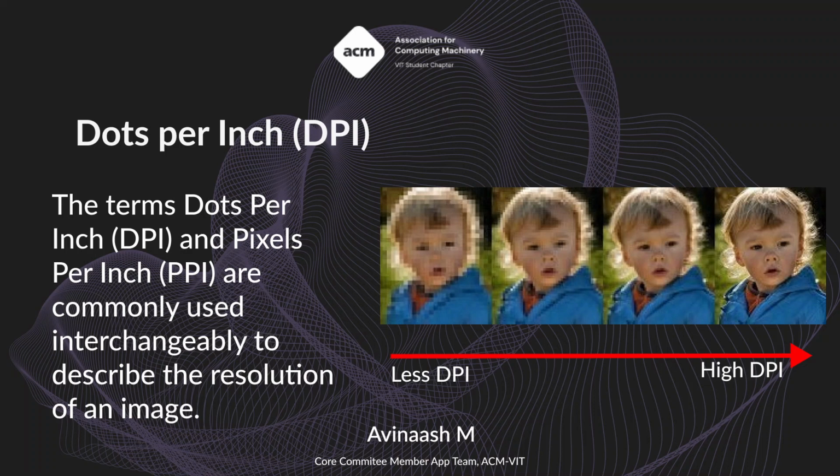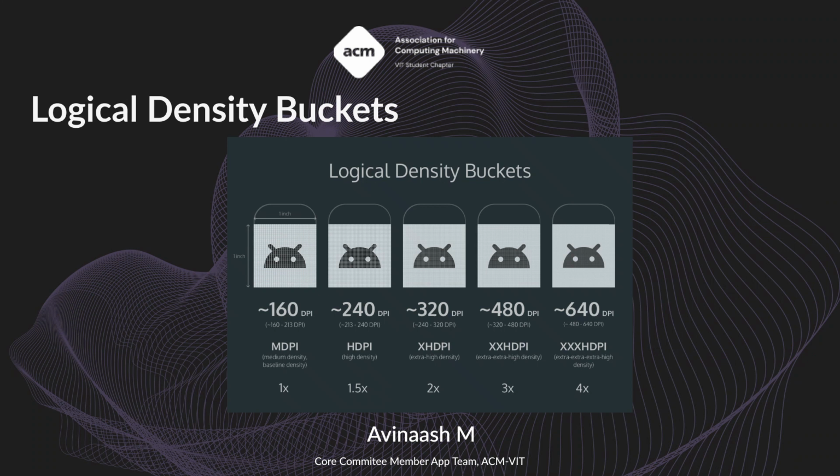Now, what is dots per inch? This term is used to describe the resolution of any image. Likewise, the higher the DPI, the clearer the image is going to look. Since different Android phones or different screens have their own different DPIs, Android Studio has come up with a thing called logical density bucket. What it does is categorize devices based on their DPI.